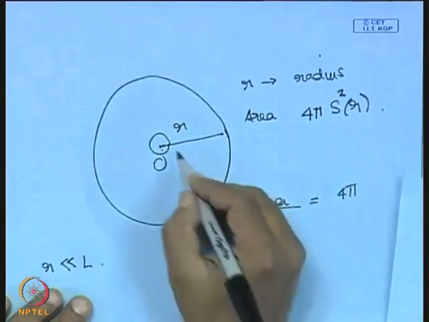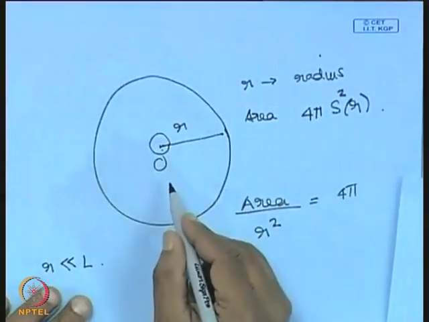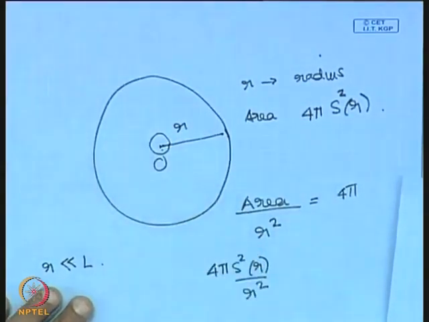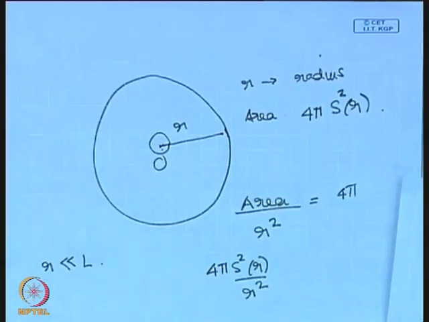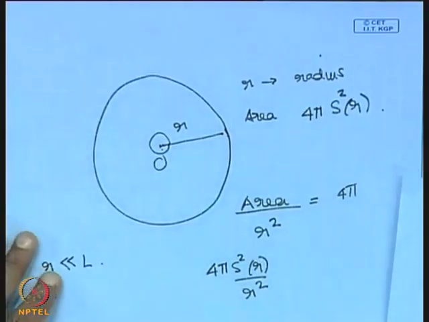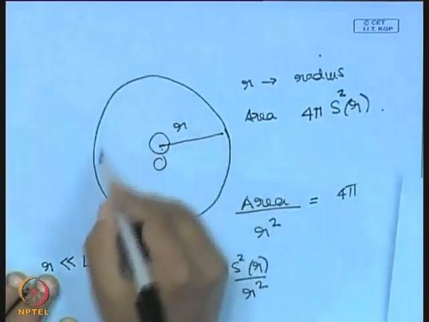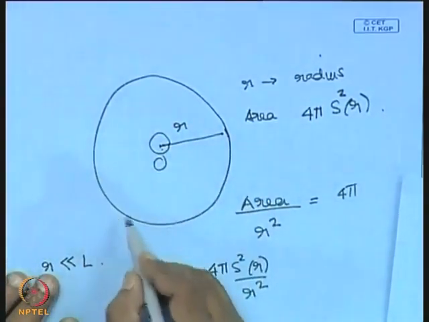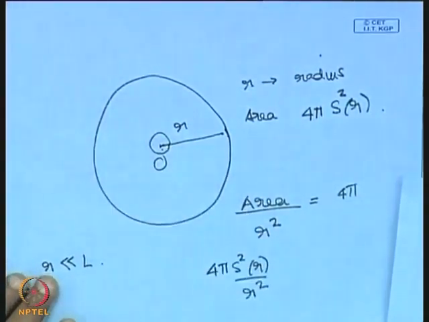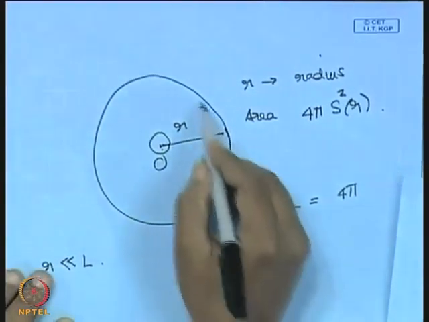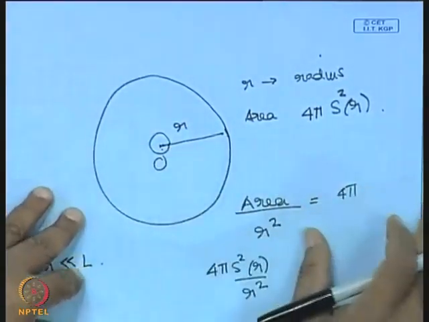It is only on length scales comparable to the curvature that the curvature becomes important, which we know from our familiar experience on earth. If I look at a small part of the earth, I will not know that the earth is a sphere. Only if I travel large distances does the fact that the earth is a sphere become important. Same thing here. The ratio of the area of the surface of the sphere to the radius squared is different from 4 pi only if I go to length scales comparable to the curvature.